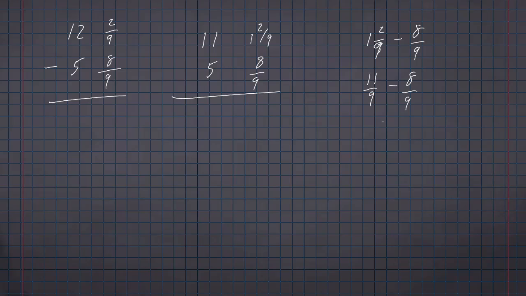Let's stay over here for a moment. We get 3/9, a fraction that reduces. I can divide by 3, top and bottom, to get 1/3 as my result. Then subtracting the whole parts, 11 minus 5 is 6. So 12 2/9 minus 5 8/9 is 6 1/3.